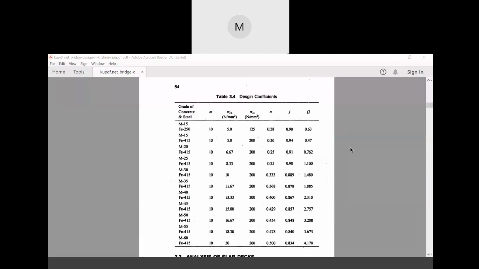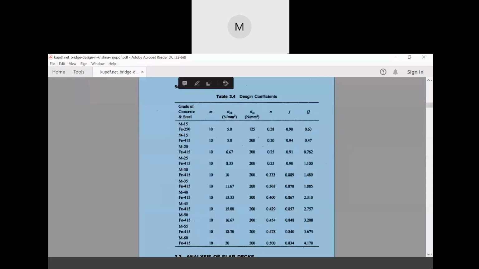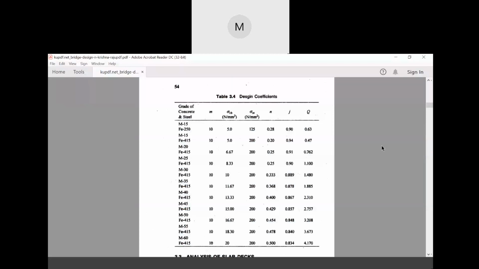Fine. You just have to remember certain important values, like for M, these values. These values are generally asked.